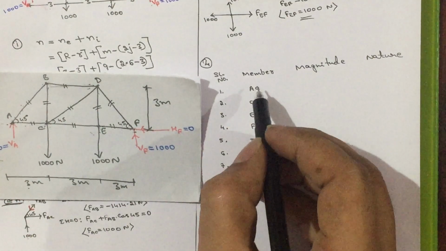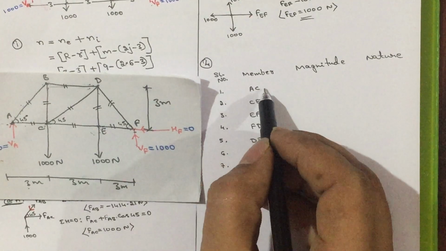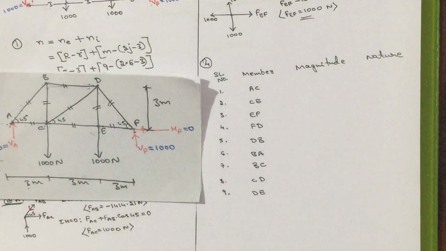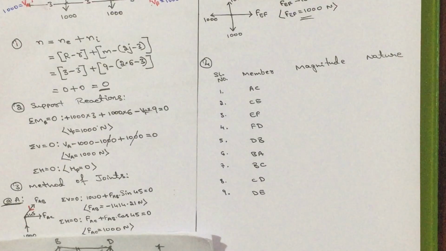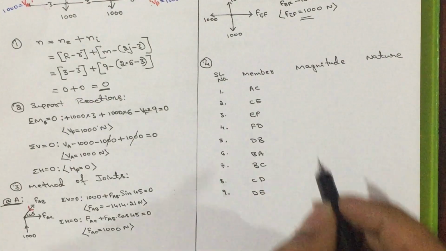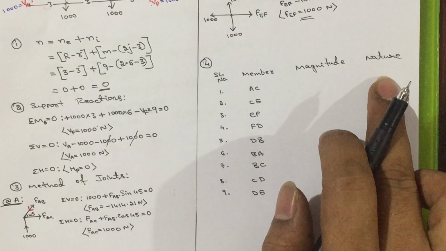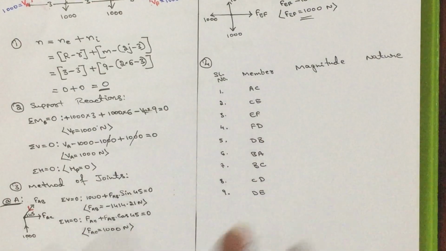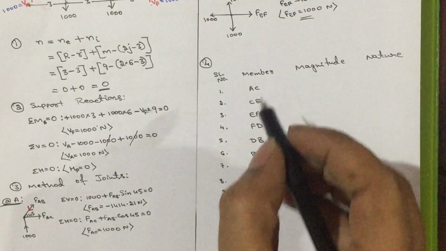Please remember, AC and CA are one and the same, reciprocal will be the same, AC, CA, CE or EC, whatever it is. And the magnitude, we have calculated the values, so write it down, and we need to write only the positive values here. If the value is positive, the nature will be tension. If the value is negative, the nature will be compression. That's all. So we will check for the values in the calculated sheet.